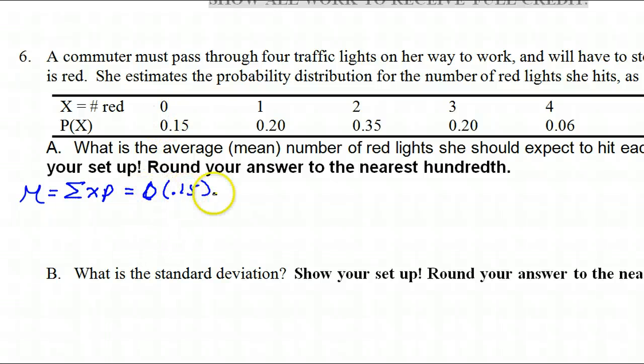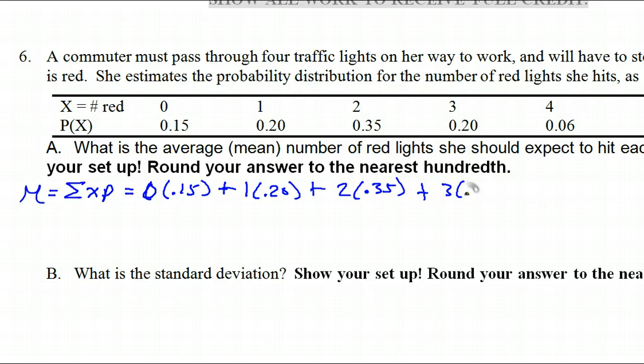That's x times p. Plus, all right, this symbol means sum, plus 1 times 0.20, plus 2 times 0.35, plus 3 times 0.20, plus 4 times 0.06.